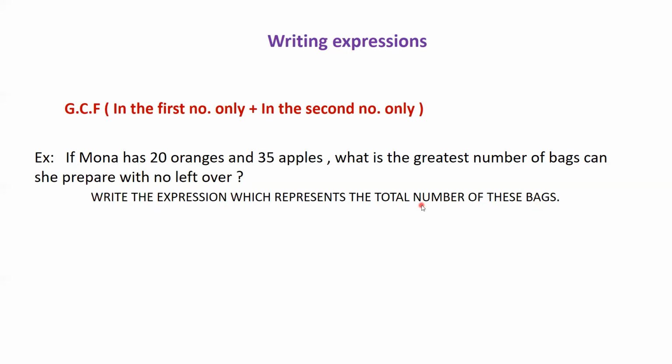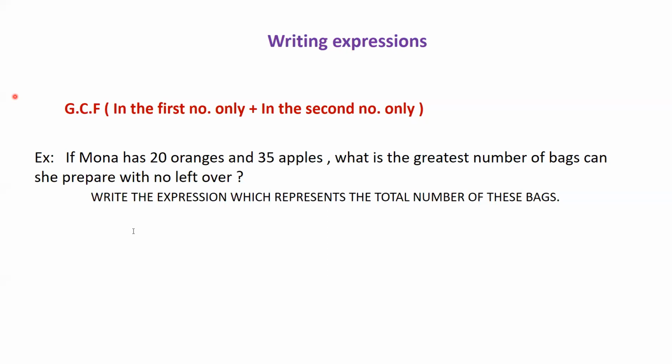What we are going to do is take the two numbers, factorize them, then get the GCF. Then write the expression. The expression will be the greatest common factor, multiplied by the brackets, which include what is left in the first number only, plus the factors of the second number only.